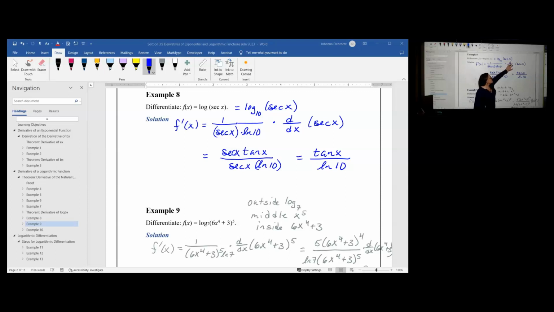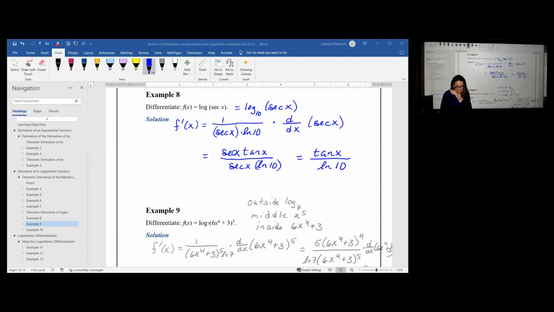This then has to be multiplied by the derivative of the inside function as part of the chain rule. The derivative of secant x is secant x tangent x divided by secant x times the natural log of 10. Secant x cancels, and you get tangent of x divided by the constant natural log of 10, which represents 1 number.